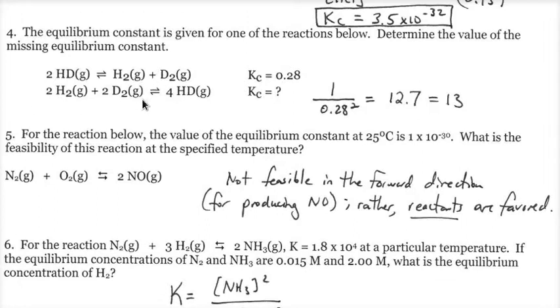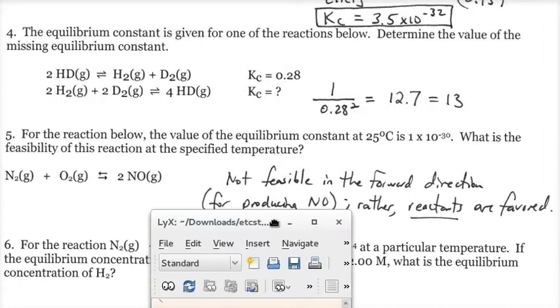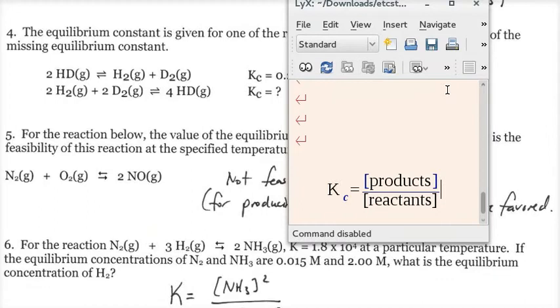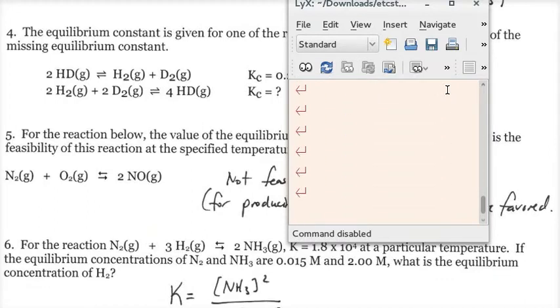Okay. So when you flip the sides, this goes over there, and this goes over there, then you always do 1 over what you had before.